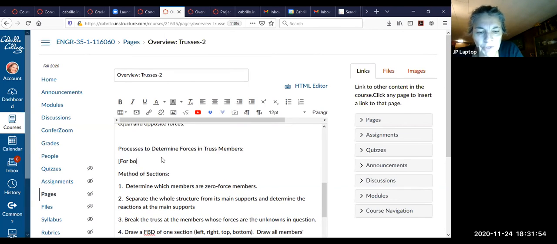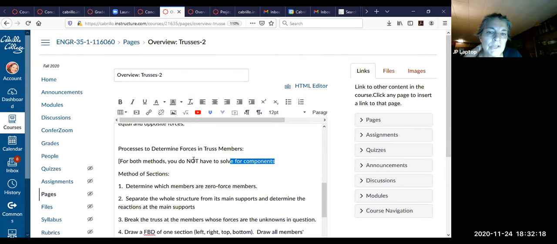For both methods, you do not have to solve for components. Because it would take forever to do that for all. I mean, in sections, there's usually only one or two.